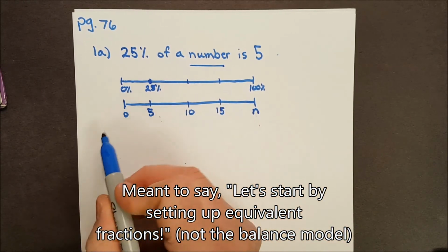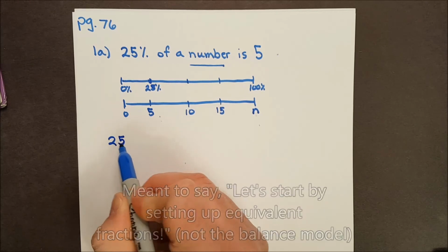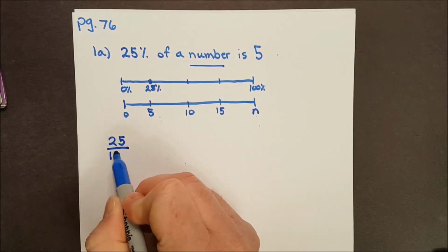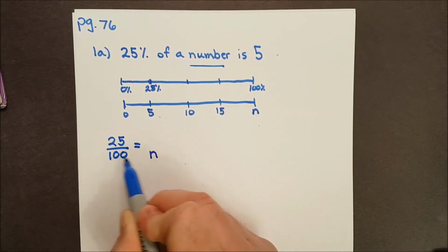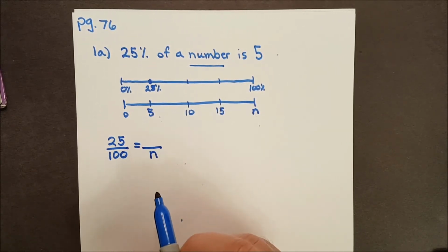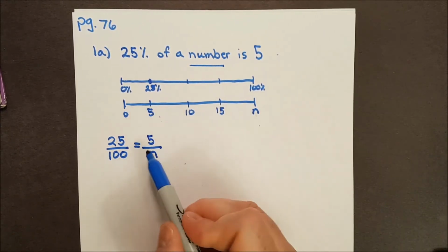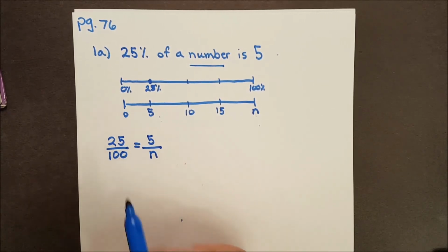Let's start with the balance model. So 25% means 25 out of 100, or 25 per 100, which equals some number that we do not know, so 100% of some number that we do not know, over 5.